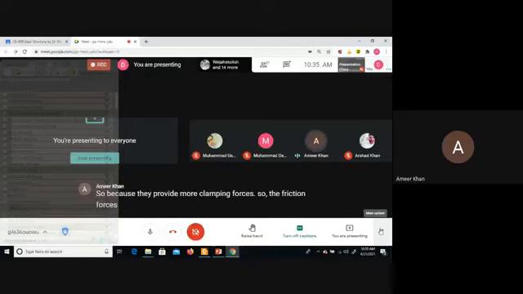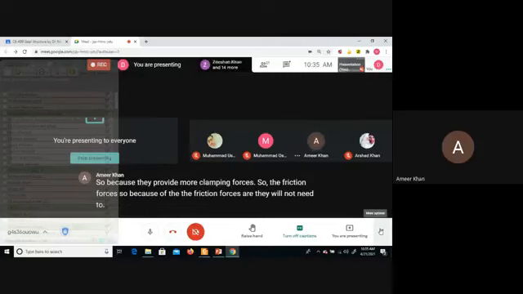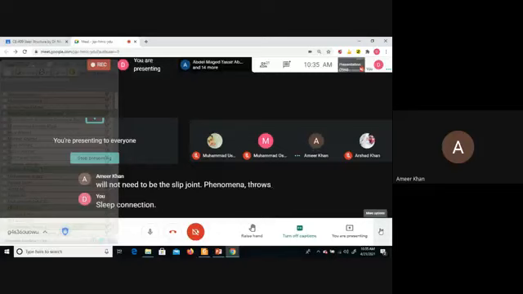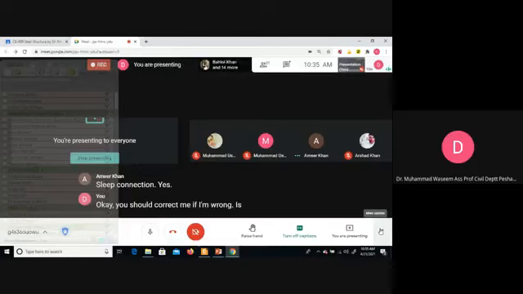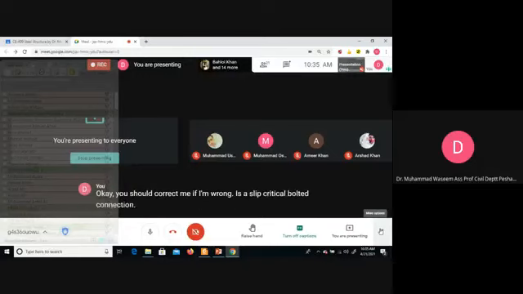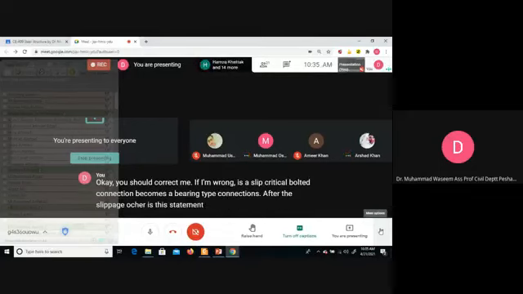Because of the friction forces, they will not have the slip phenomenon. Slip connection, yes. You should correct me if I'm wrong. Does a slip critical bolted connection become a bearing type connection after slippage occurs? Is this statement correct or incorrect? Yes, sir, it is totally correct.